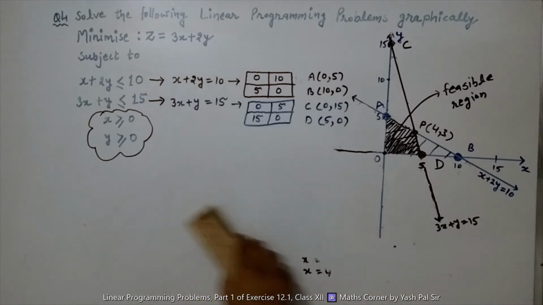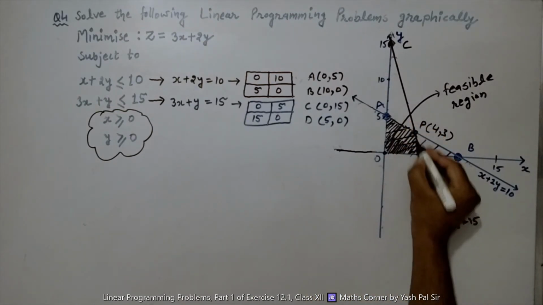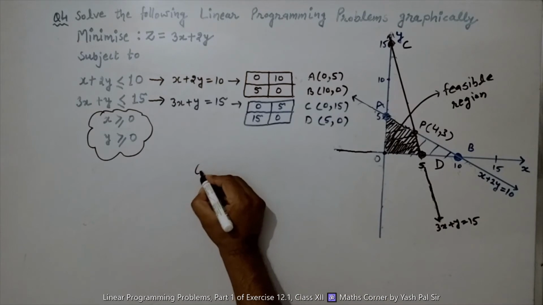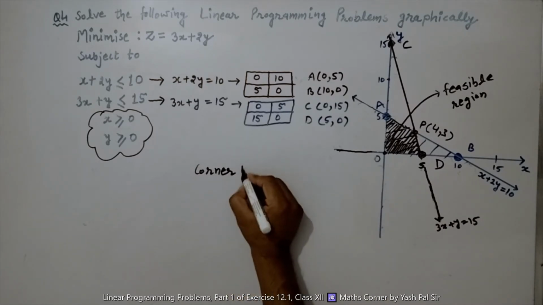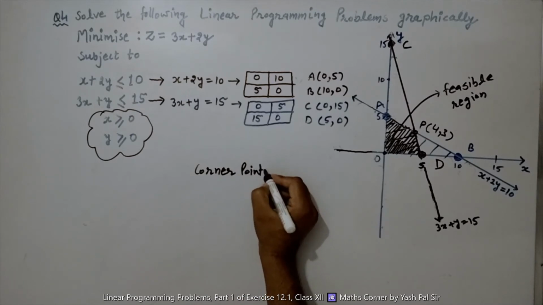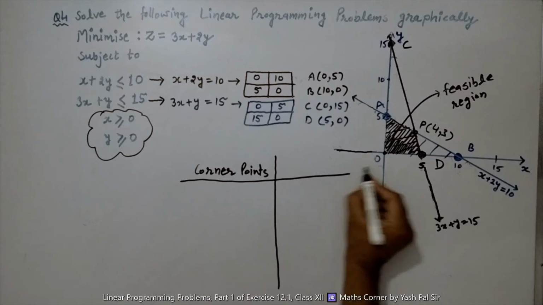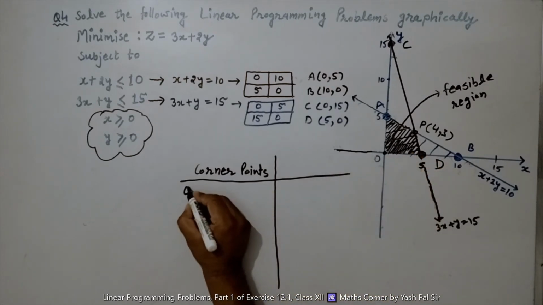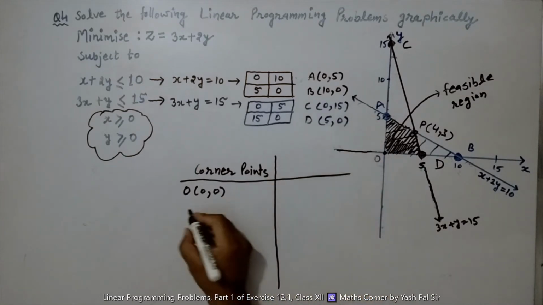Right? So this way we see we have the corners of the shaded area, the corner points. How many corner points do we have now? The very first is O, 0, 0.